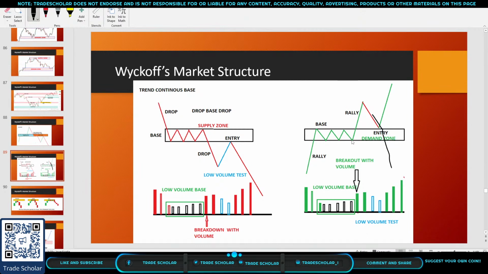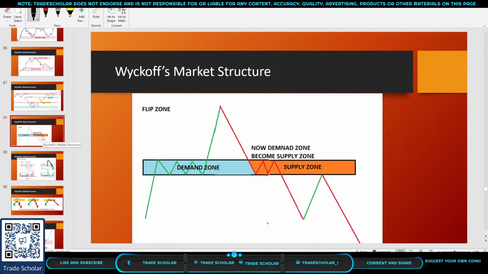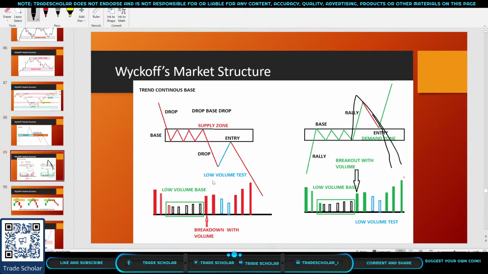So that means we have a flip, rally, flip. This is the one that took place: flip zone, demand, and then turn to supply, we stayed longer, and then we drop. So either this happens or this happens. That's a possibility right there.